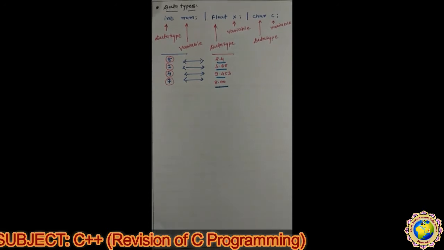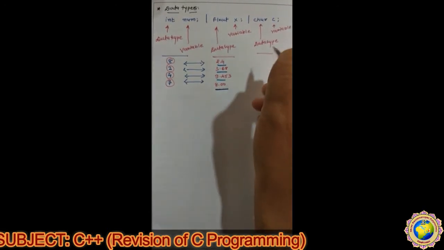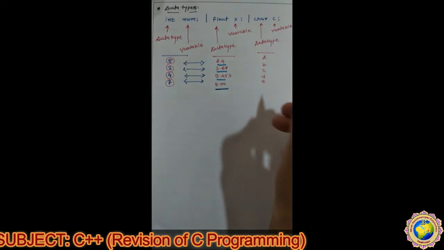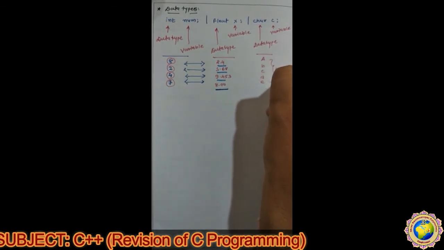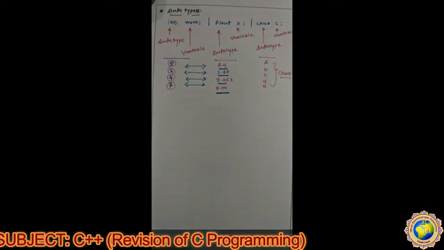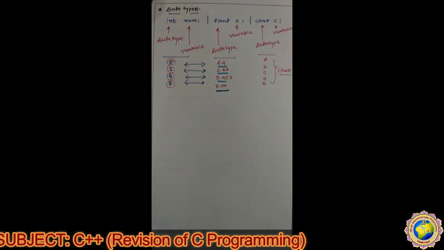Same like that, in the character you can store A, B, C, D, E. All of these are characters. So whatever kind of data you are going to store in the variable, the data type is selected based on it.